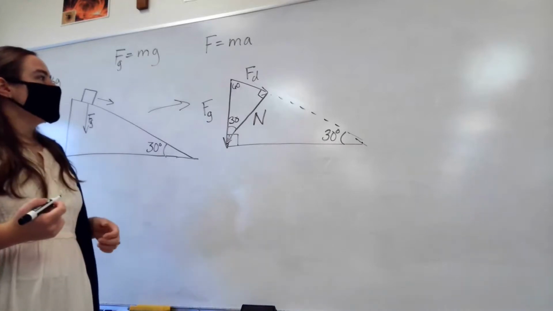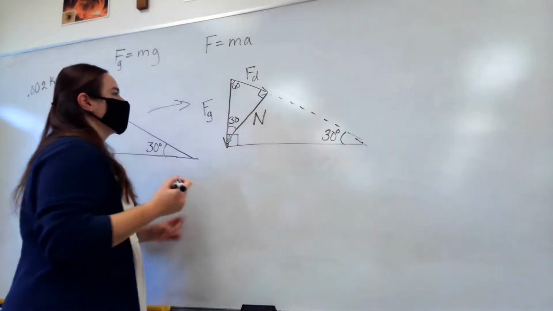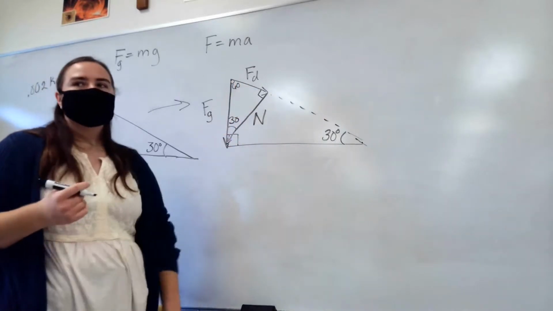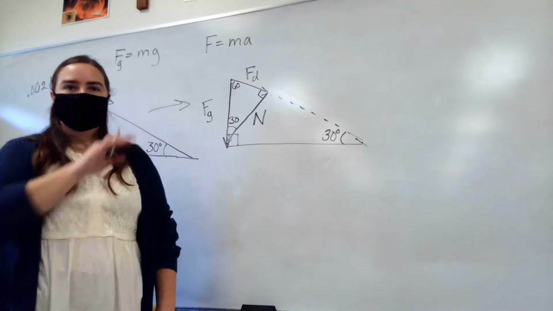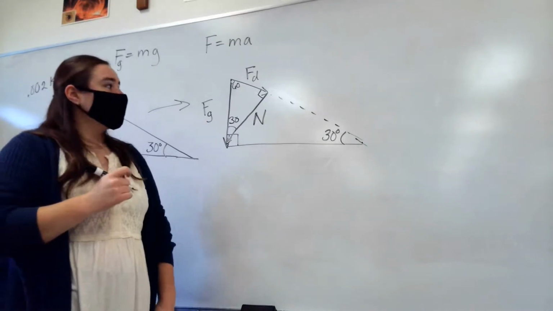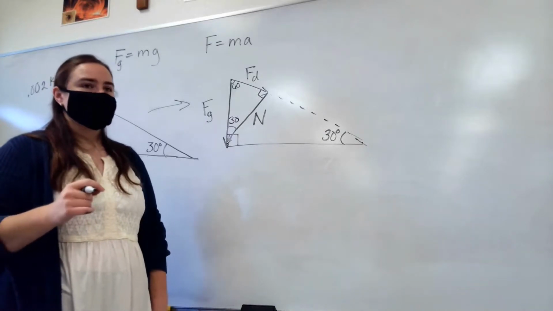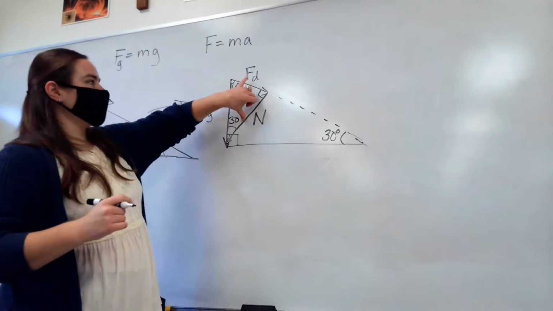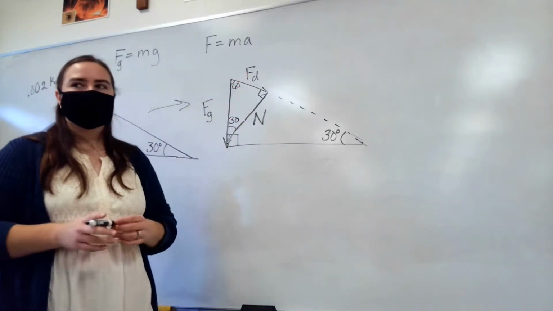So we need some sort of expression to say what force down the slope is and normal force. What can we use? Hint, we have triangles. Pythagorean theorem. We could, but that is not going to be the most useful in this situation because that will have both of our variables in it. So it would work, but it's not going to be the most useful.